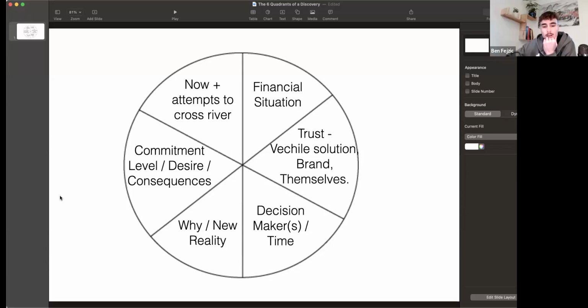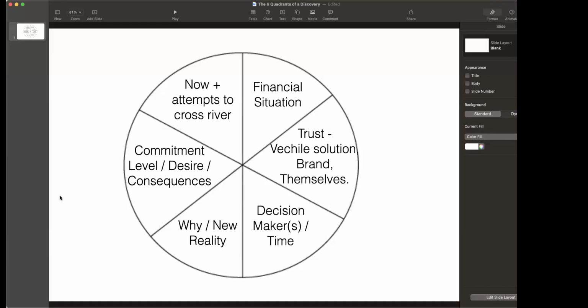Question on that as well. Like how the unsell is kind of universal, is things like getting their mental models as well kind of universal in these 6 quadrants? 100%. Some of it's drier, right? Like their financial situation, very tactical: make this, spend this, got this in the bank.